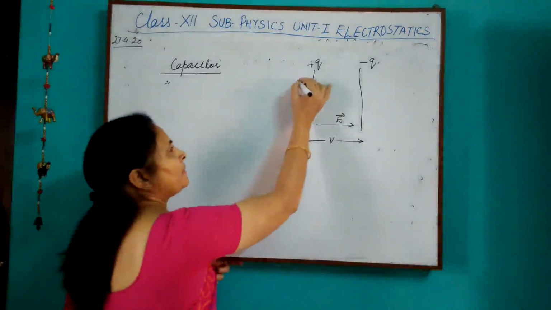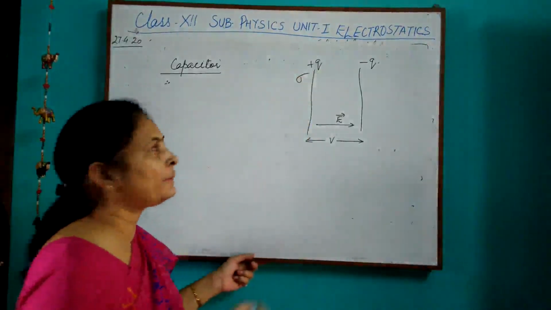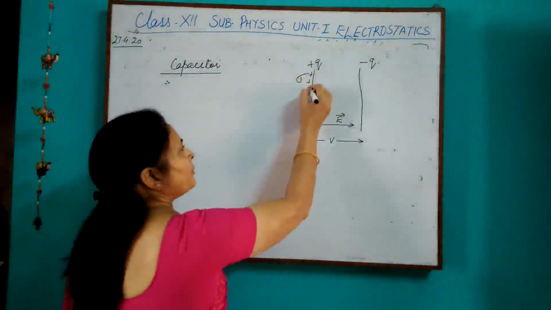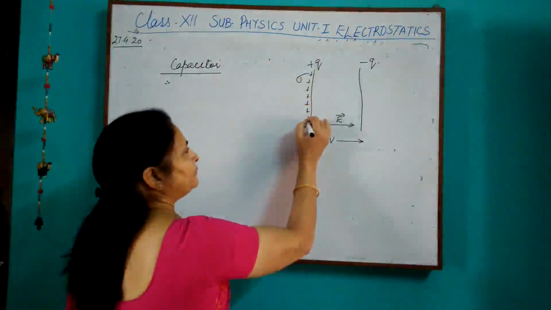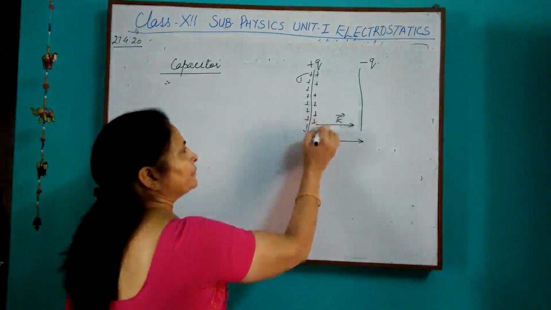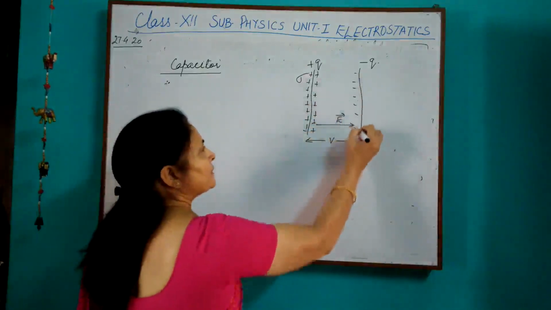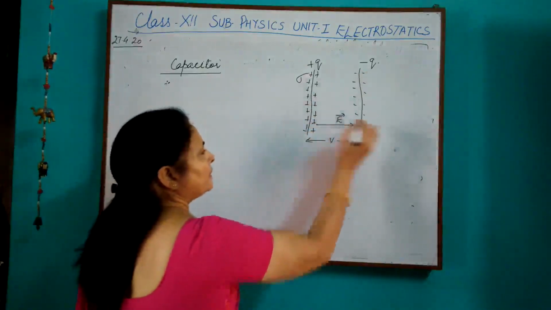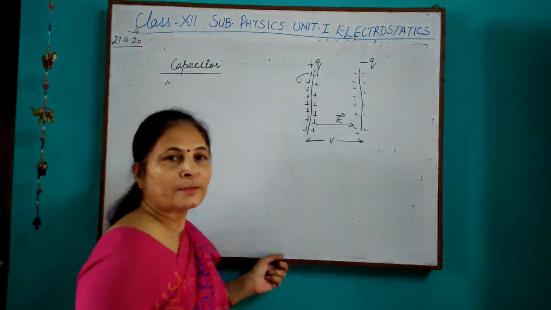We can have sigma as the surface charge density. This plate is, say, positively charged, and this is negatively charged.